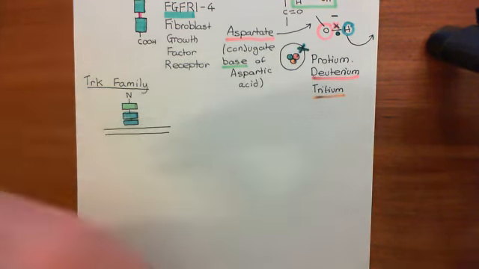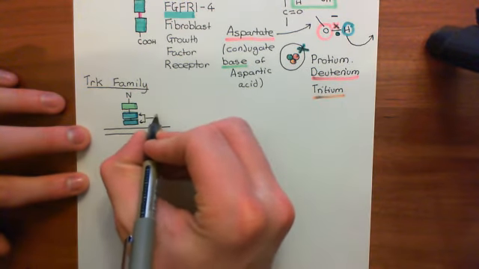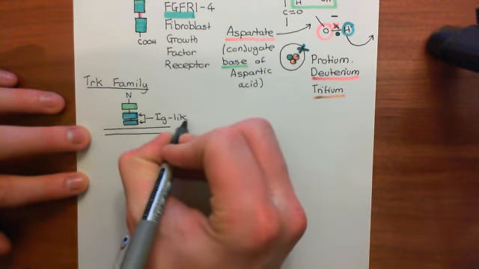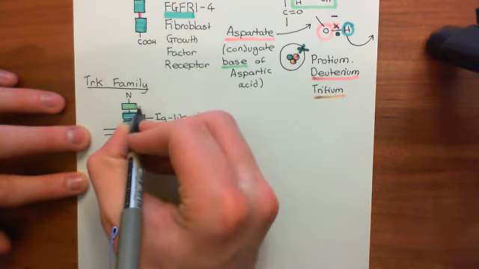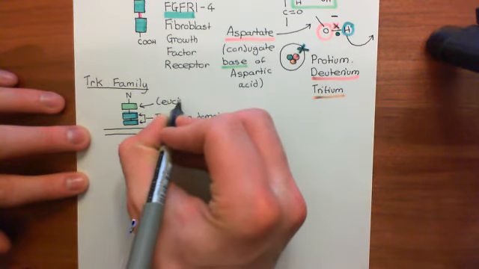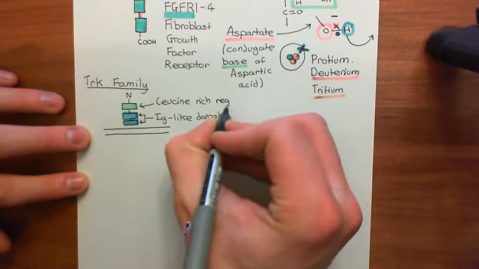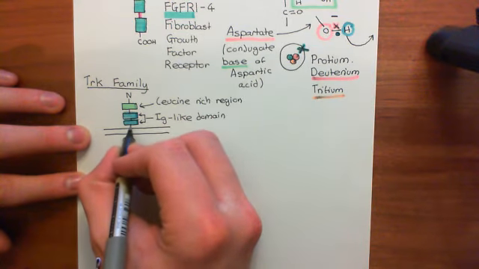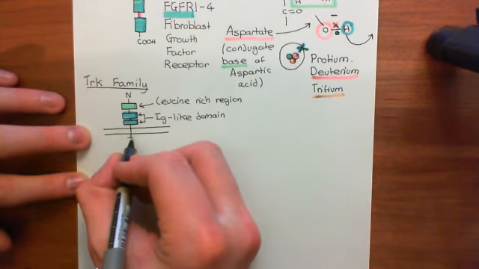Okay, so those 2 are immunoglobulin-like domains, 1 and 2 here. So I'll just put IG for immunoglobulin and then like domains. And then we've also got this region which is rich in leucine amino acids. So this is the leucine-rich region. Then after the second immunoglobulin-like domain, we have the membrane-spanning alpha helix, and then we have our tyrosine kinase domain.